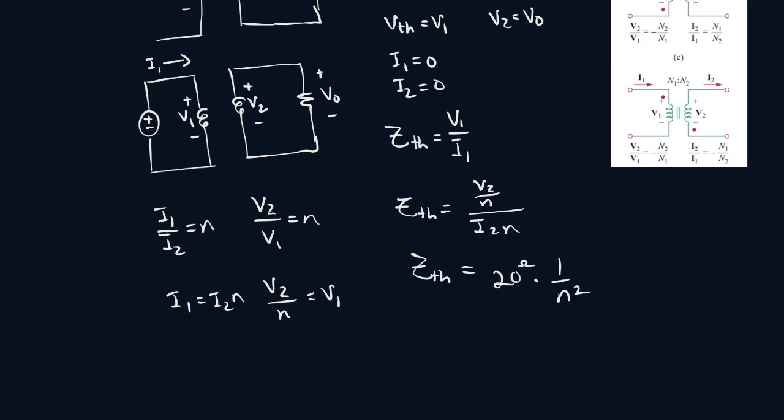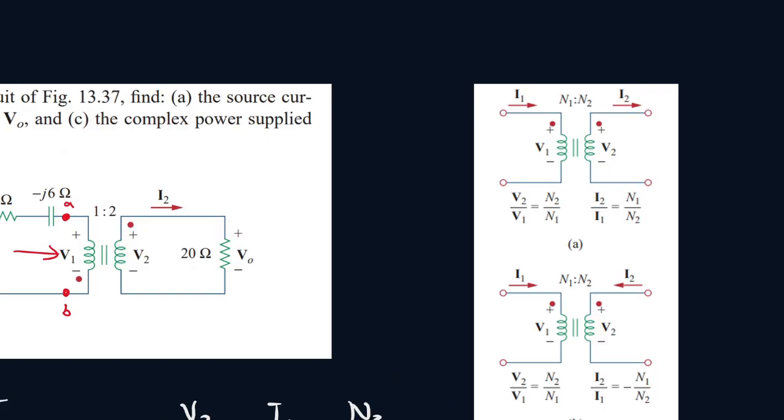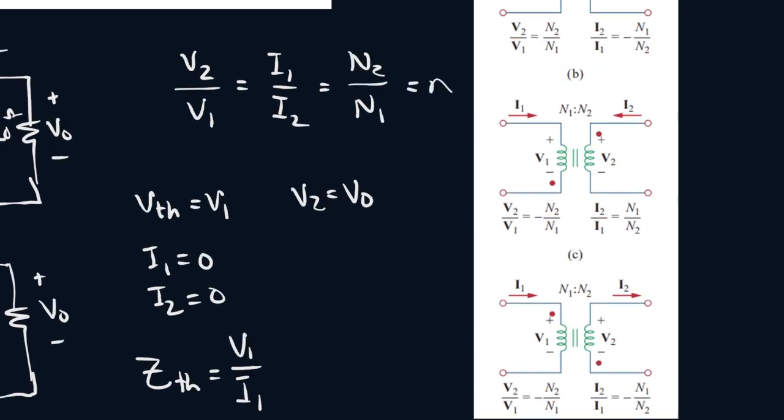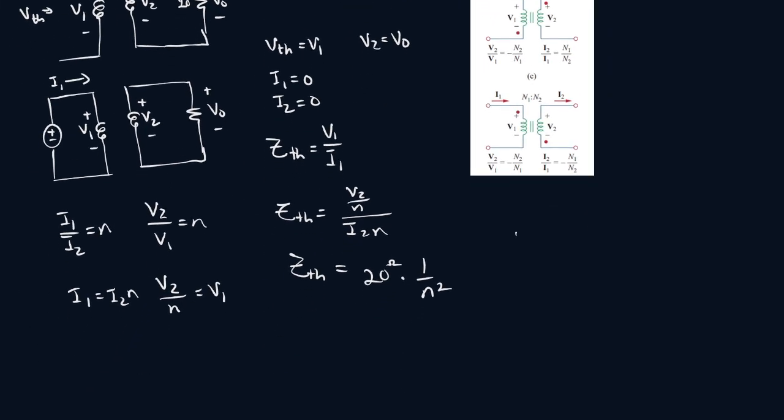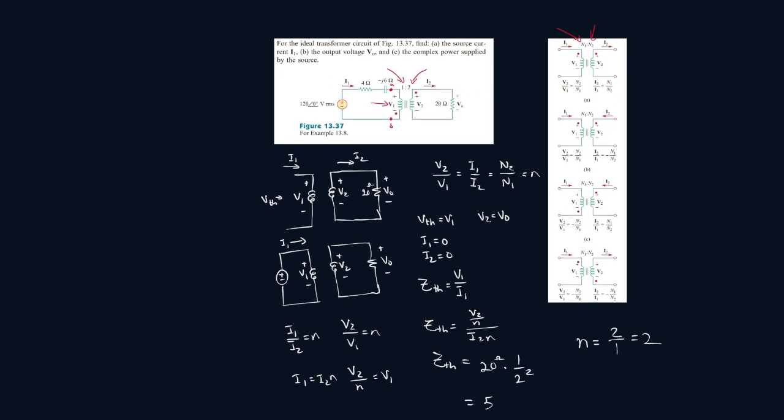We can also find N, because N1 is this region, so N1 is 1 and N2 is the right region. So N will be 2 over 1, which is just 2, so it's 2 squared, and that gives 5. Now we have the Thevenin impedance.